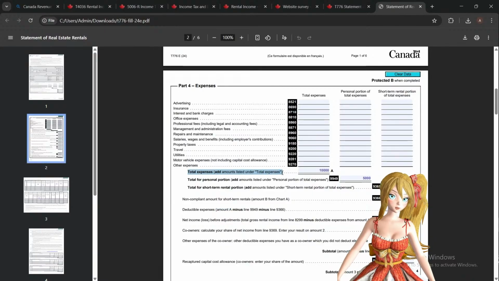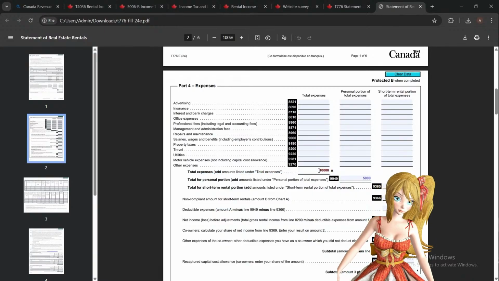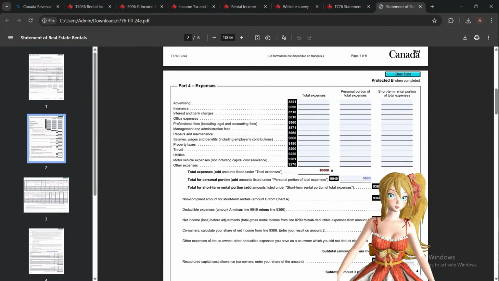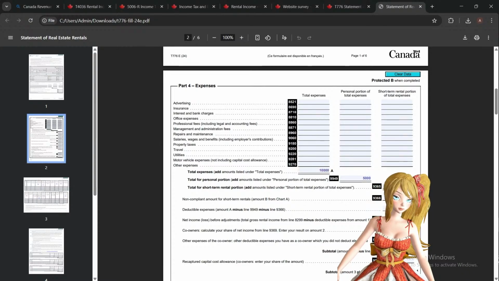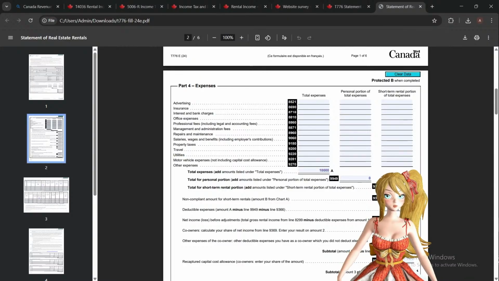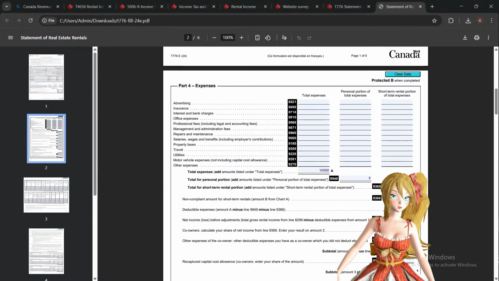Okay, so total expenses is 10,000. Look how this contributes to the net income. Let's say, and this is not really realistic, but let's say everything else is 0. Let's say I paid $10,000. My deductible expenses are $10,000. And the net income is minus 10,000.